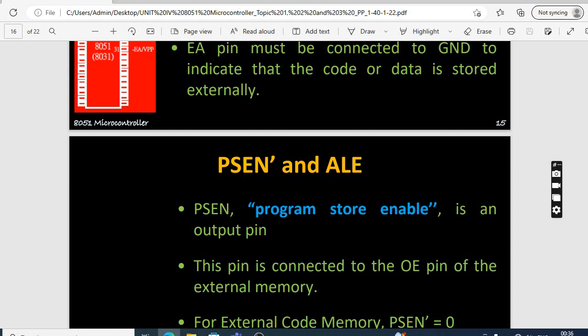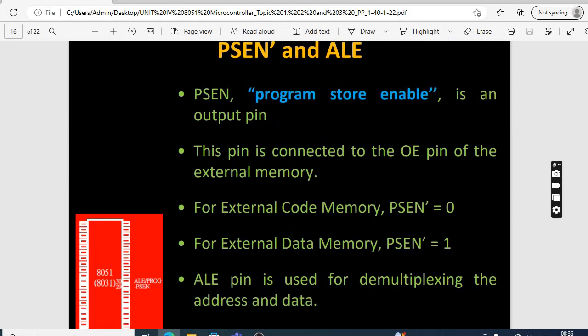Program store enable is a pin exclusively meant for external communication. For data memory we call it 1, and for the code memory we put it as 0. The ALE pin is meant for multiplexing the address and data lines. We have seen in the pin diagram AD0 to AD7, so there is a combination of address as well as data. In order to separate the address and the data, this ALE pin is used.